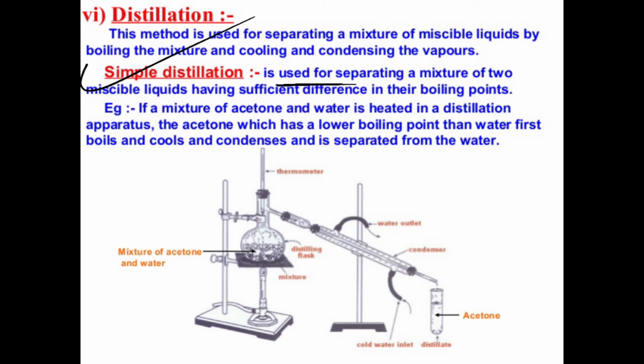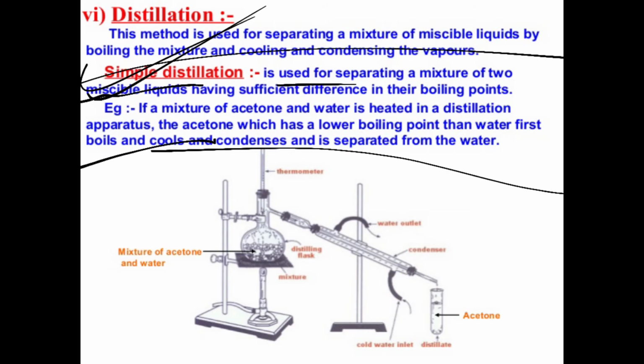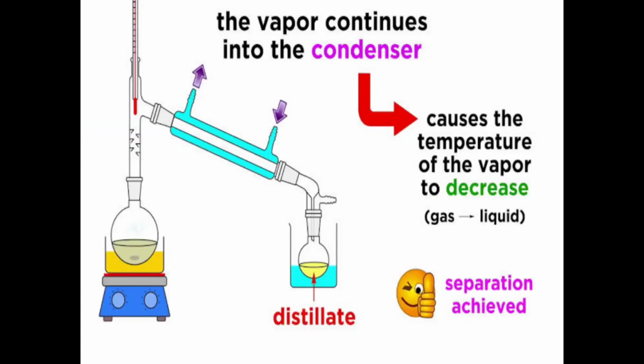Basically, it is used for separating a mixture of two miscible liquids having a sufficient difference in their boiling points. Here the example is given that we can separate acetone and water by using the process of distillation. So this is the basic diagram of distillation. Just see it carefully.